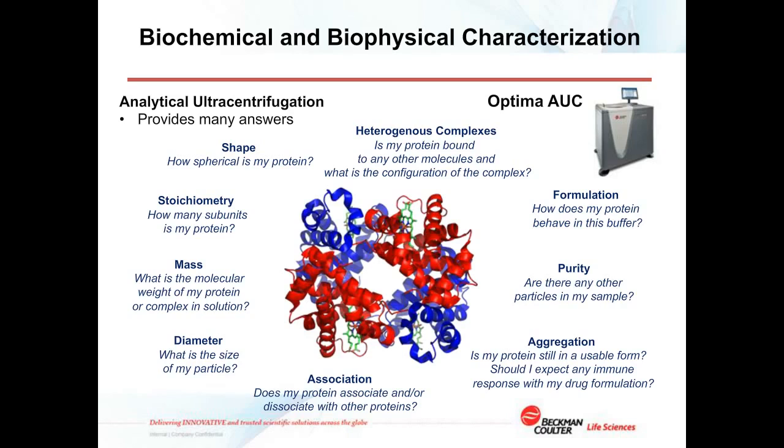It requires a bit more training than some of the other methods, but it's able to answer many questions associated with the shape of the protein by itself or with complexes, how the protein behaves in solution, its purity, its aggregation state, the association with other proteins, diameter, mass, stoichiometry, etc. It's an extremely rigorous method, and the Optima AUC is an offering from Beckman Coulter that provides this.